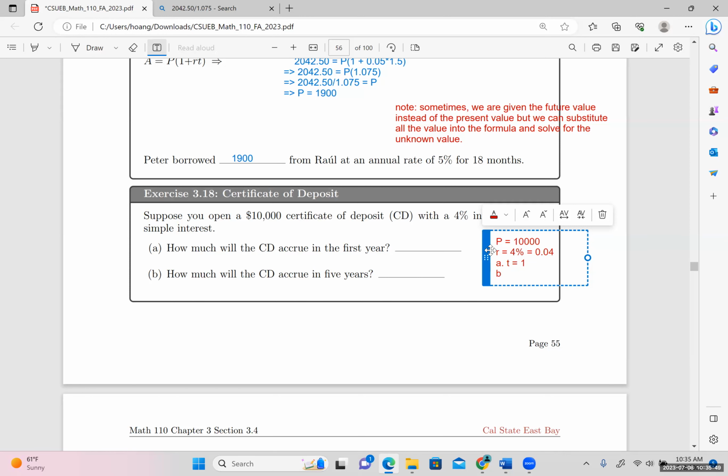For part B, you're going to have t equal to 5 years. So keep it like that, and then you will find A for each case, right? Okay, so I don't want to give you the answer. Go and try. We are moving to the next topic of this interest.